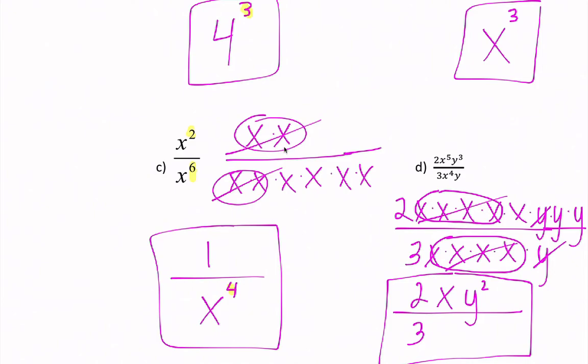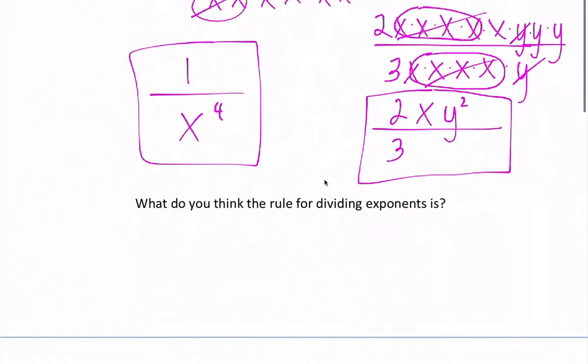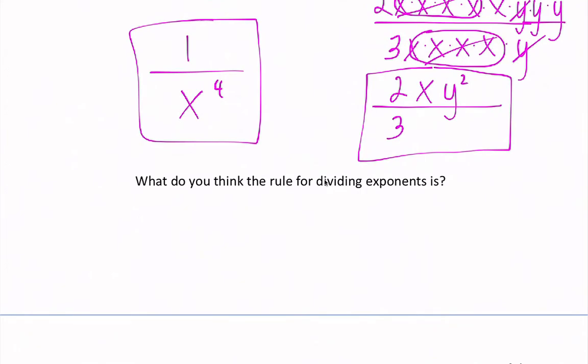Well, if you're canceling it out, subtract. I know 2 of these guys canceled out 2 of these, so 6 minus 2 is 4. Okay, so the rule is subtract the exponents.